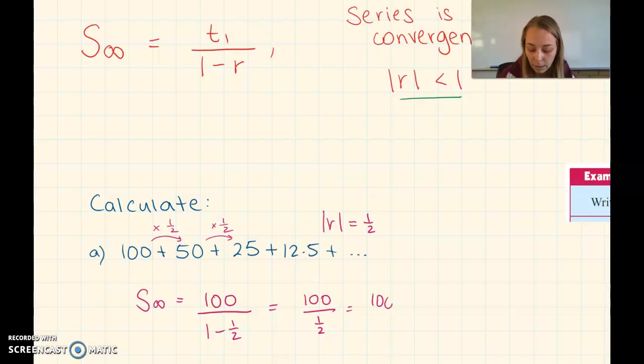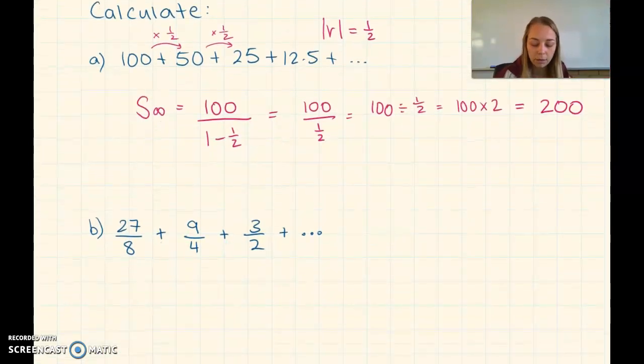So it's going to be 100 divided by a half. And we do keep, change, flip. So you keep the first one, change the divide to a times, and you flip the second one. So the sum of that series, if I added up all of those numbers on and on and on in the infinite number of terms in that sequence, if I added them all together, I would get 200. All right, so I've just applied that formula there.